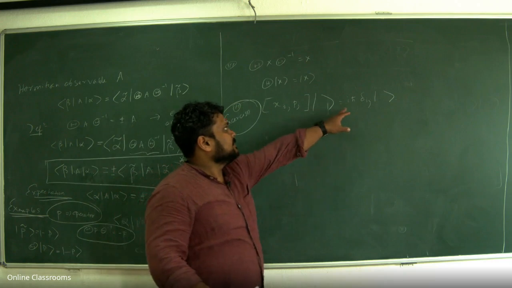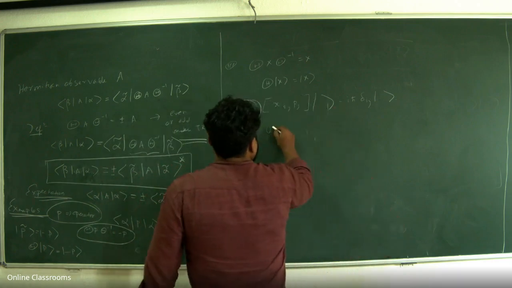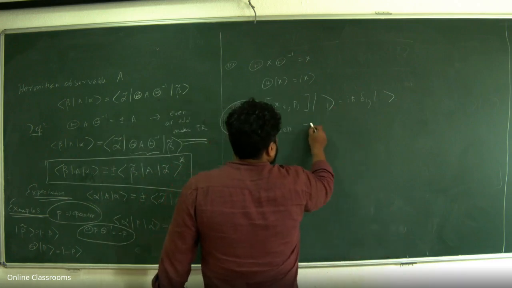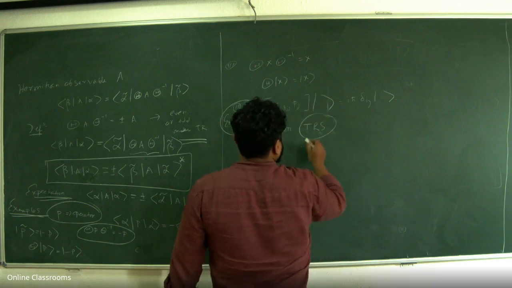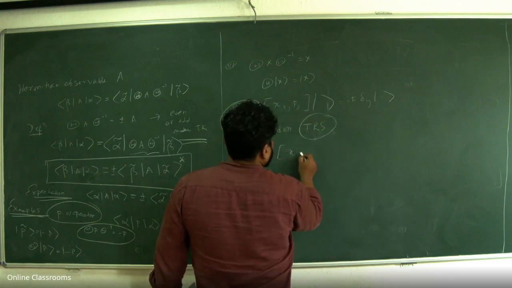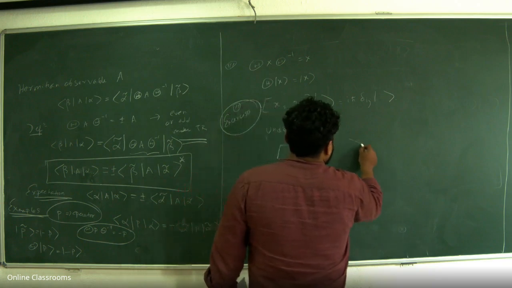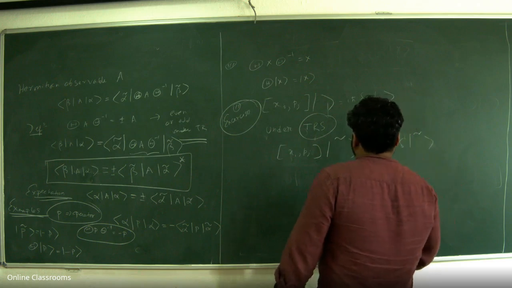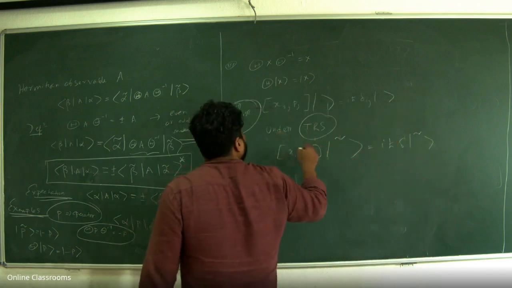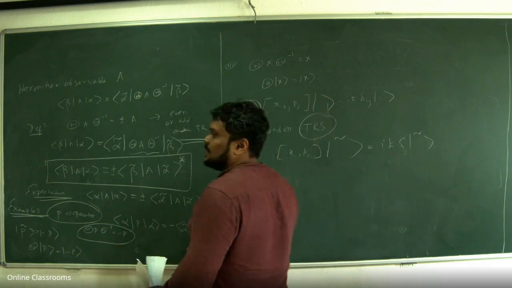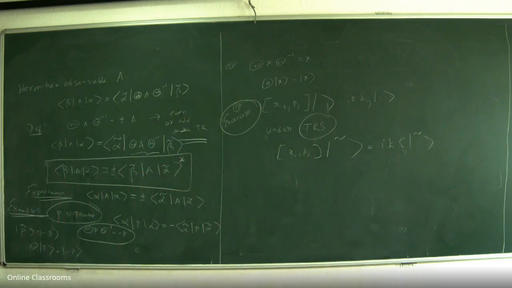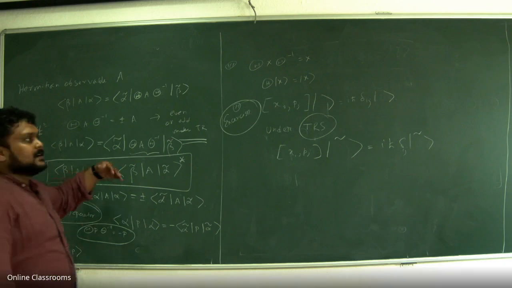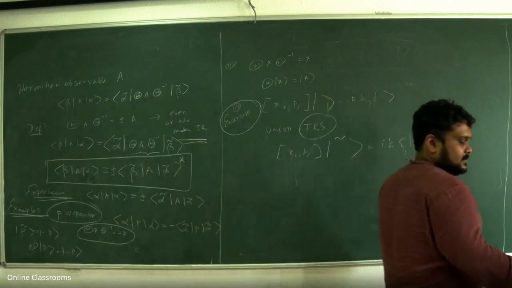Now show that under time reversal symmetry operation, if you act x_i p_j on a state that is tilde, then this relation remains intact. This commutation relation remains intact, which means the interrelation between position and momentum doesn't change, even though the momentum changes under time reversal operation. You understand the point?